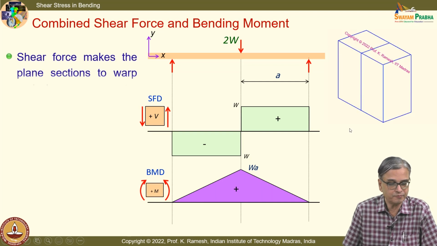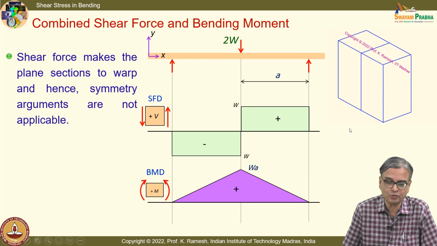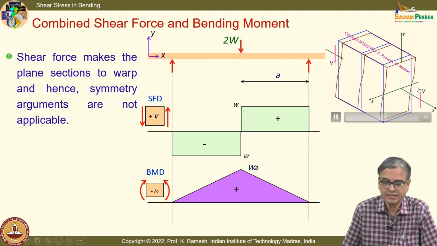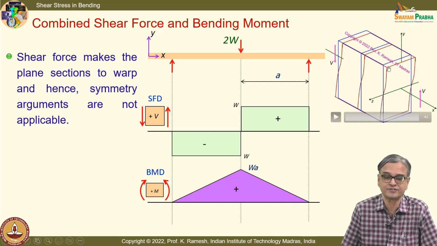And without proof, I have also shown you how the section will change in the presence of a shear force. We have made certain observations like the plane section gets distorted like this, and what you have is here the original 90 degrees preserved, which indicates shear strain is 0, which we have also seen when I have this as a free surface.